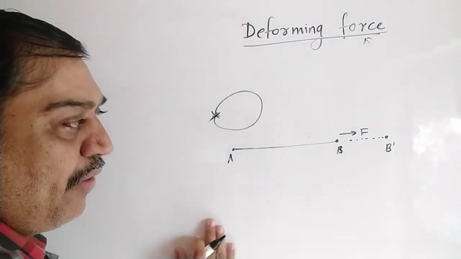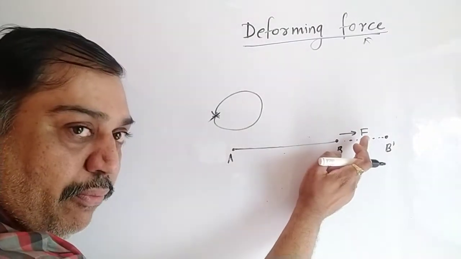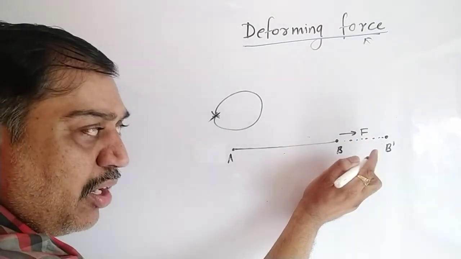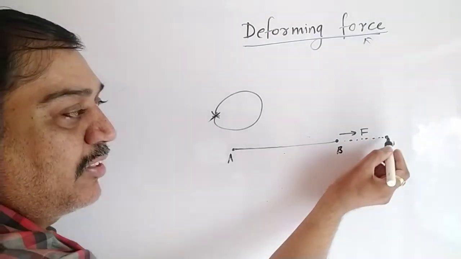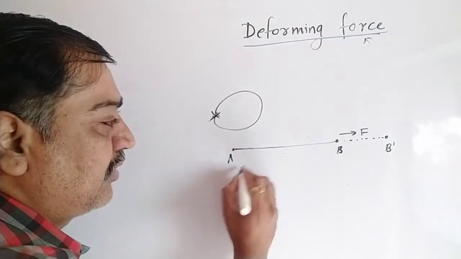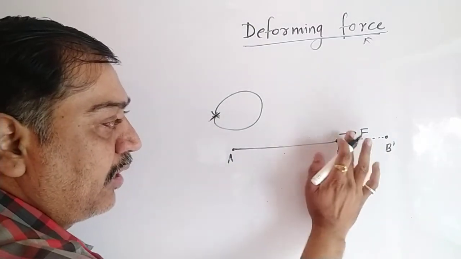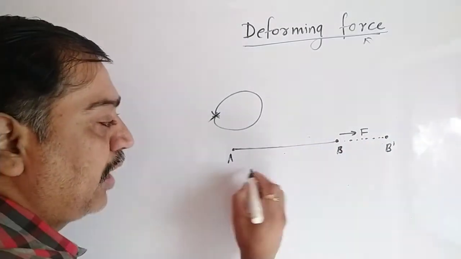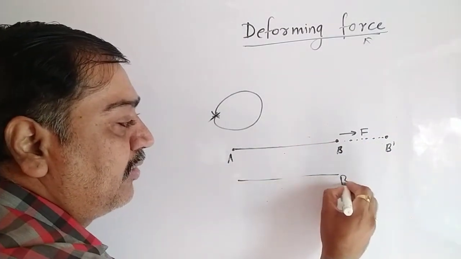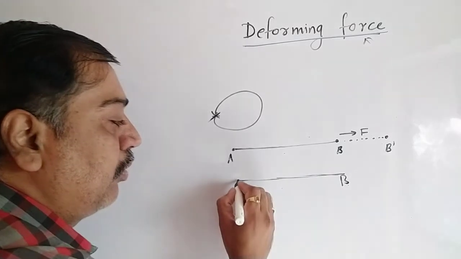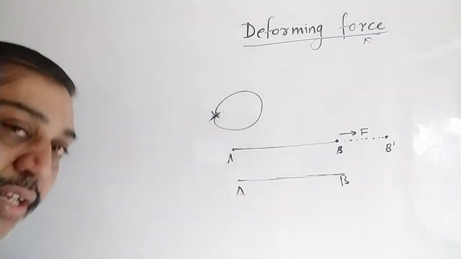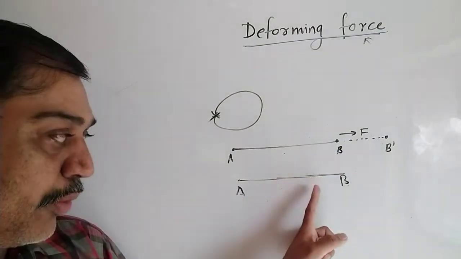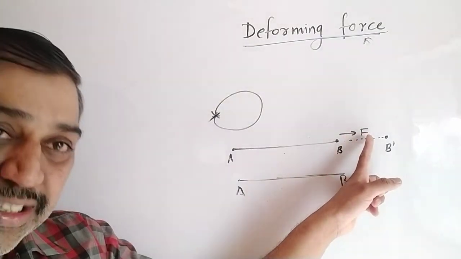Now when you remove this force F or deforming force on this body, what will occur? It is rubber. So after removal of this, the body regains its original shape. Instead of B dash, it comes to B. Again it comes to the original shape AB. That means we can say 100% the body comes to its original shape after removal of this force.